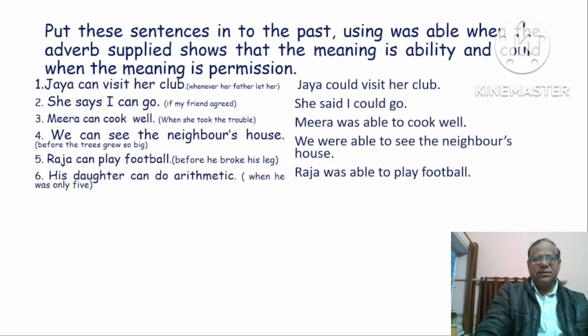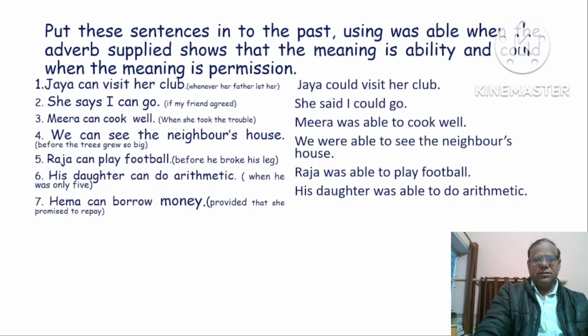The next is his daughter can do arithmetic when she was only 5. So it was showing the ability. Now just see, his daughter was able to do arithmetic. Next, Hema can borrow money provided that she promised to repay.